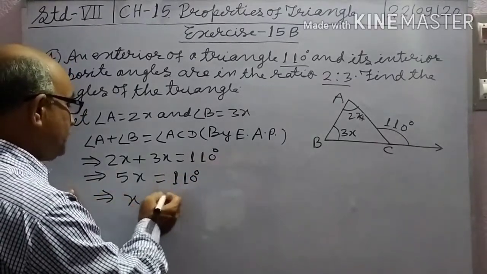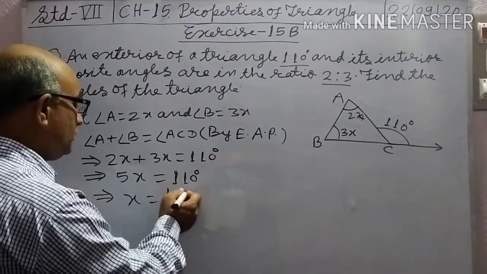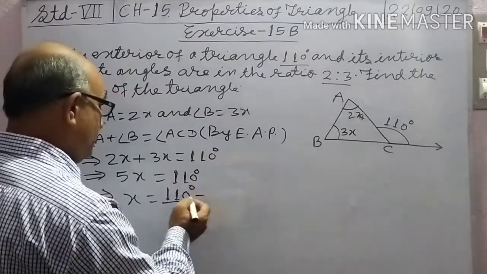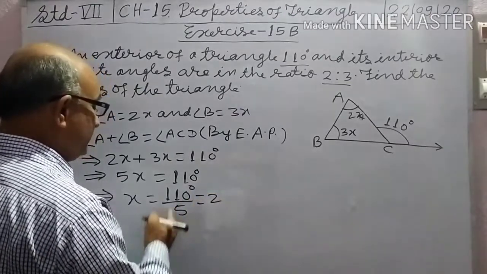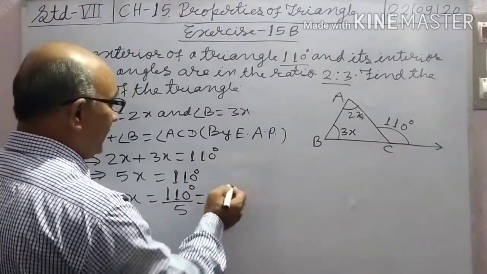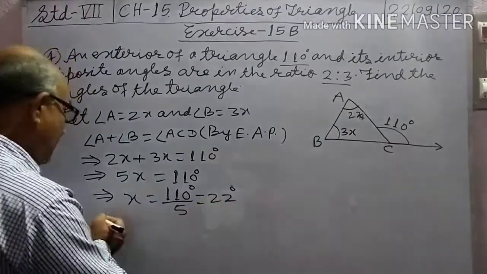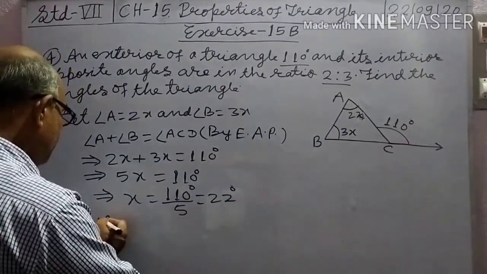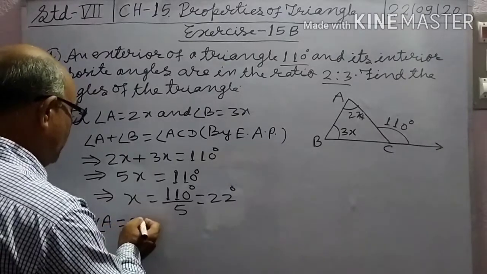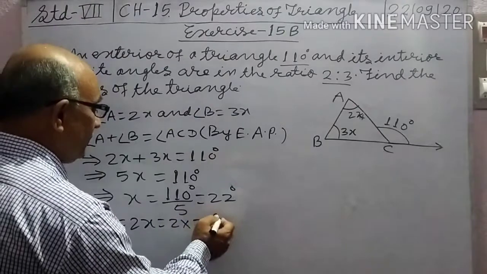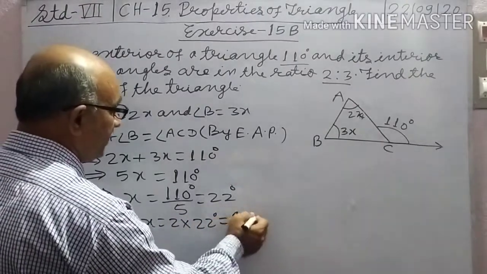Next step is x equal to 110 degree by 5, which is 22 degree. Now find angle A equal to 2x equal to 2 into 22 degree equal to 44 degree.